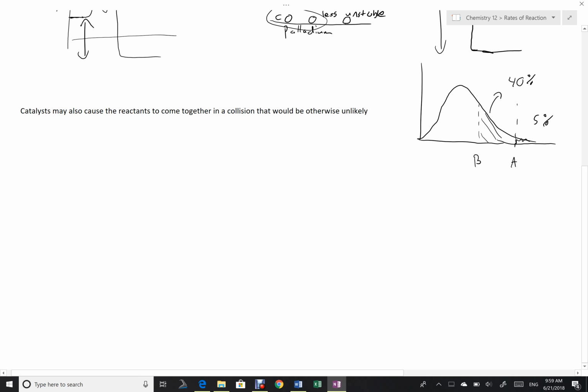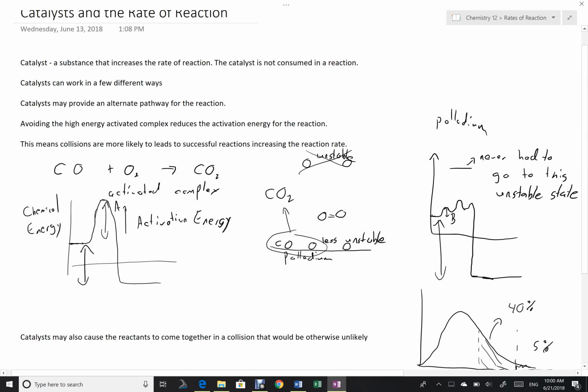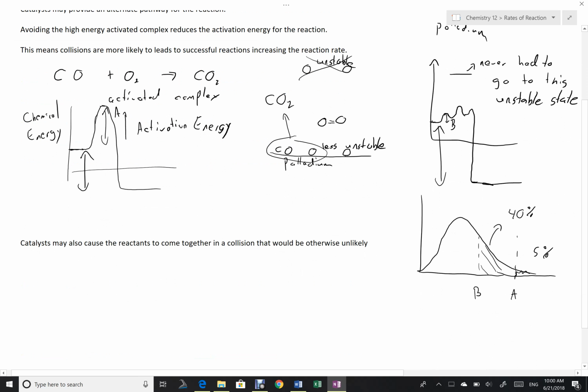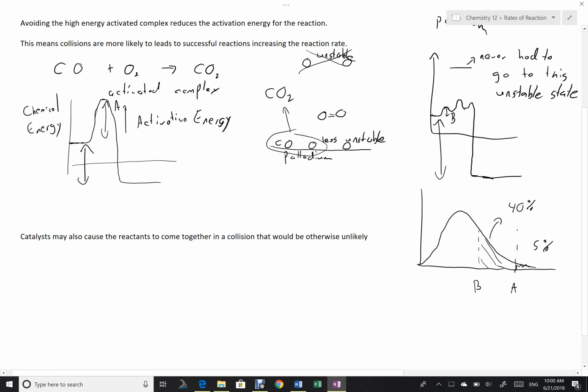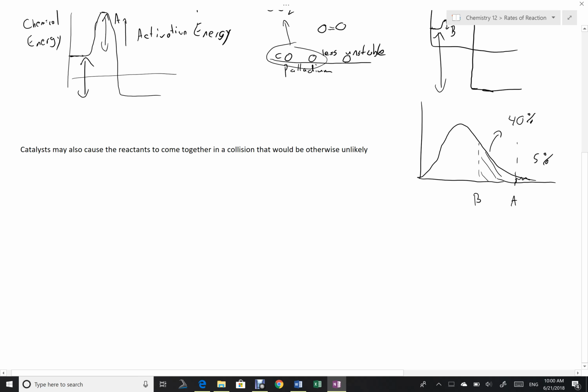If a reaction requires 3 or more particles to be in the same location at the same time for the chemical reaction to occur, a catalyst could be used to attract all of those reactants to the same location and increase the likelihood of a collision in the first place. So they can reduce activation energies, making more of the collisions successful, or they might serve as a reaction site where they can make the collisions more likely in the first place.